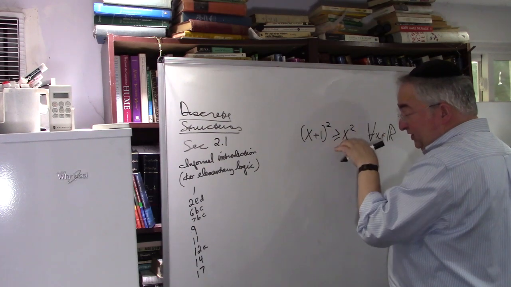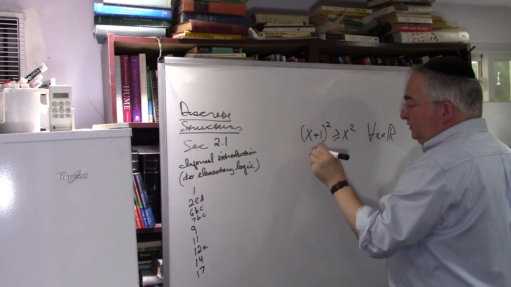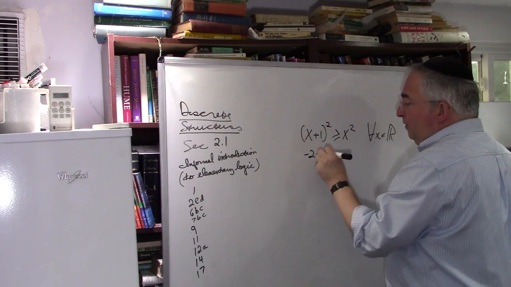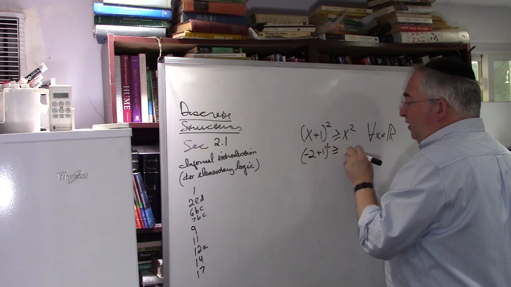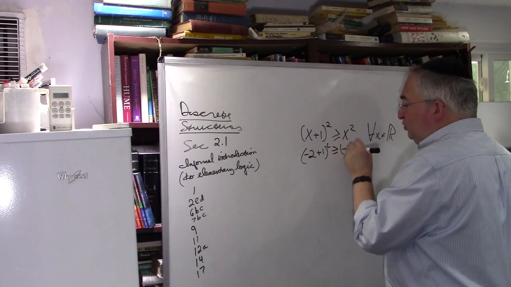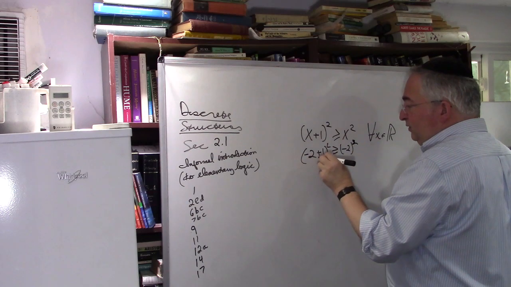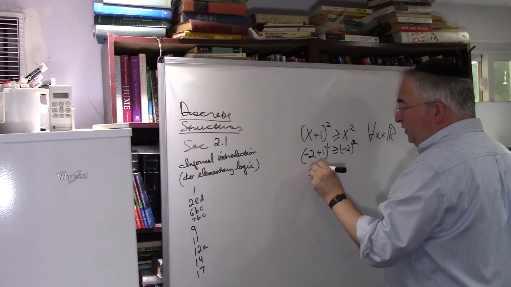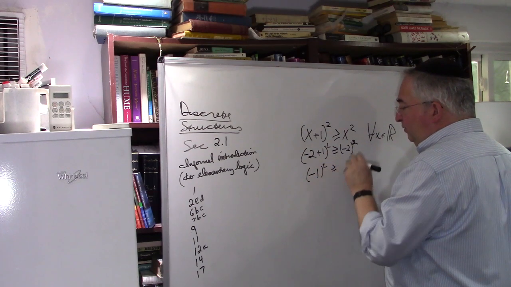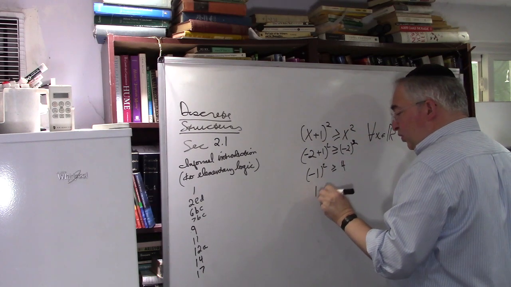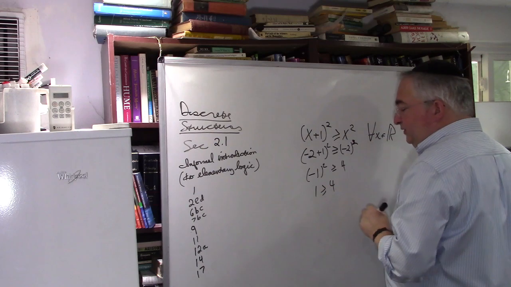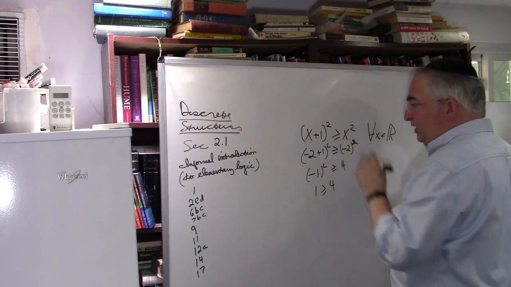So (-2+1)^2 is greater than or equal to (-2)^2. This is (-1)^2 is greater than or equal to 4. Question, is 1 greater than or equal to 4? No, it's not. So that's another counterexample.